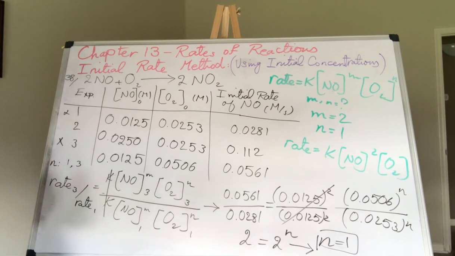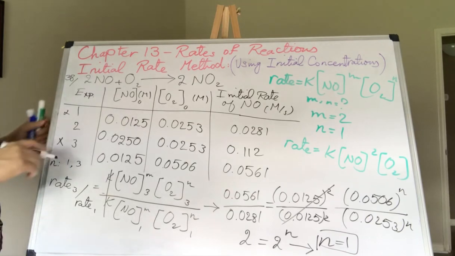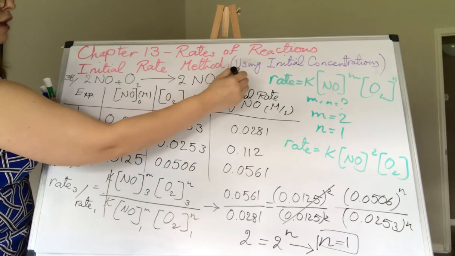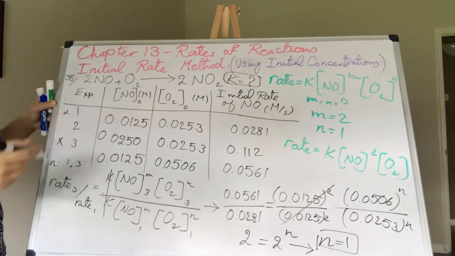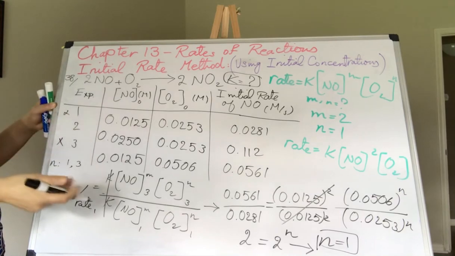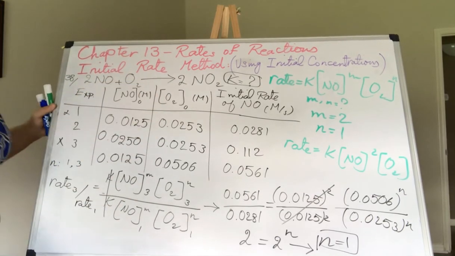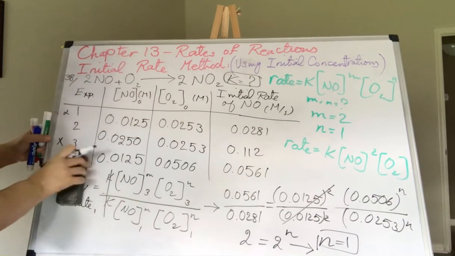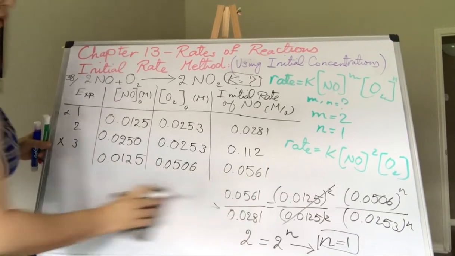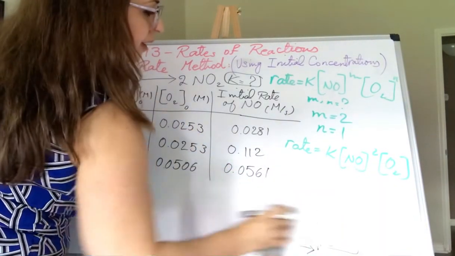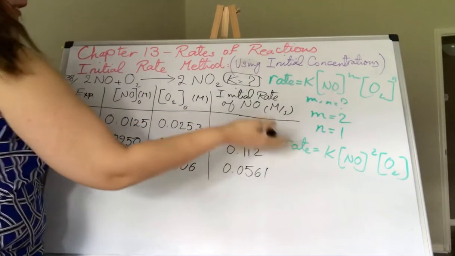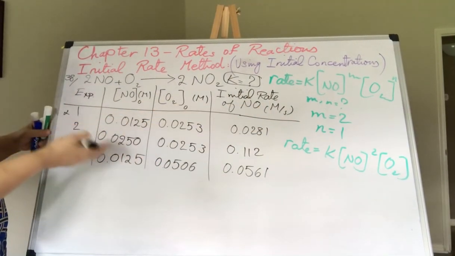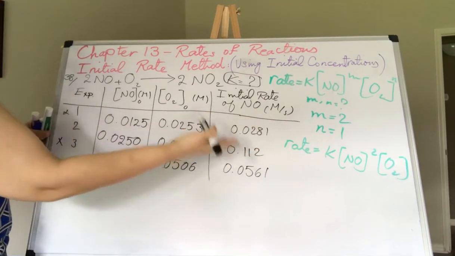Okay, if in this question you're supposed to find K, you can find it after you find M and N, because you need to know the rate law. Let's pick any of them. The K must be similar for all of them.